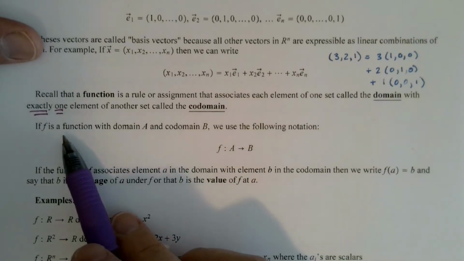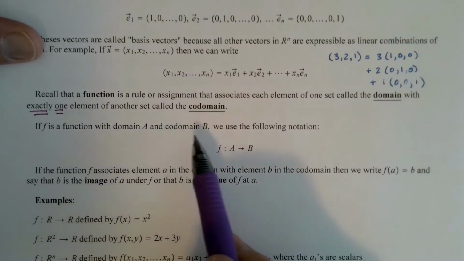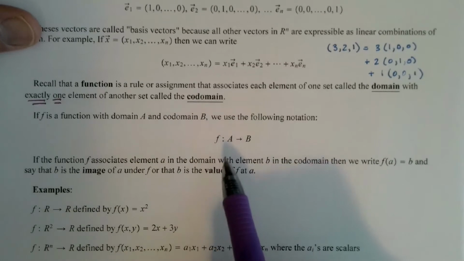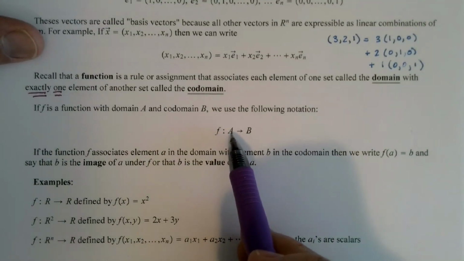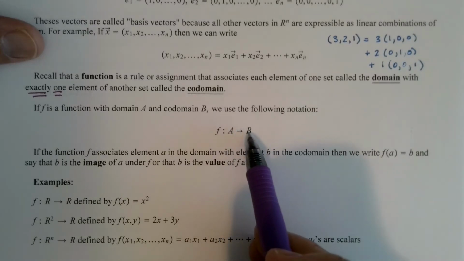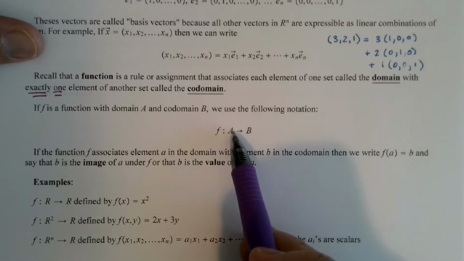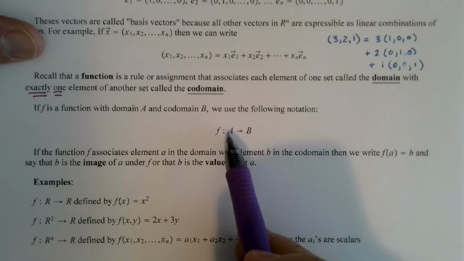If a function has a domain of A and a codomain of B, we're going to write this notation: the function name, colon, the domain, arrow, the codomain. So domain first, then codomain. So we're thinking of mapping.